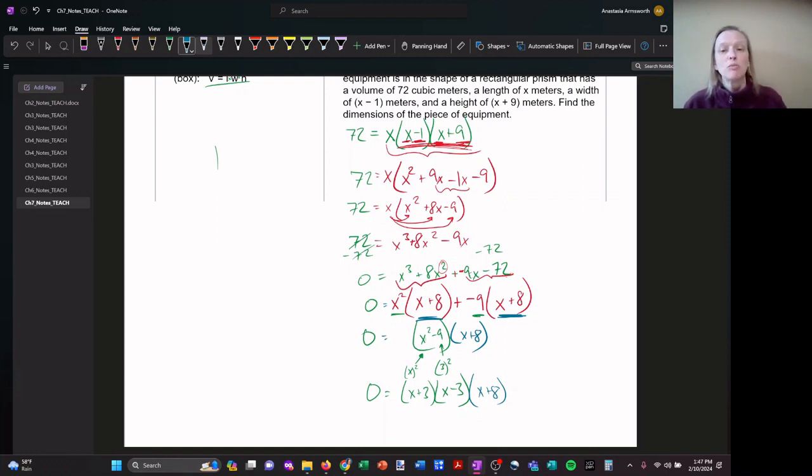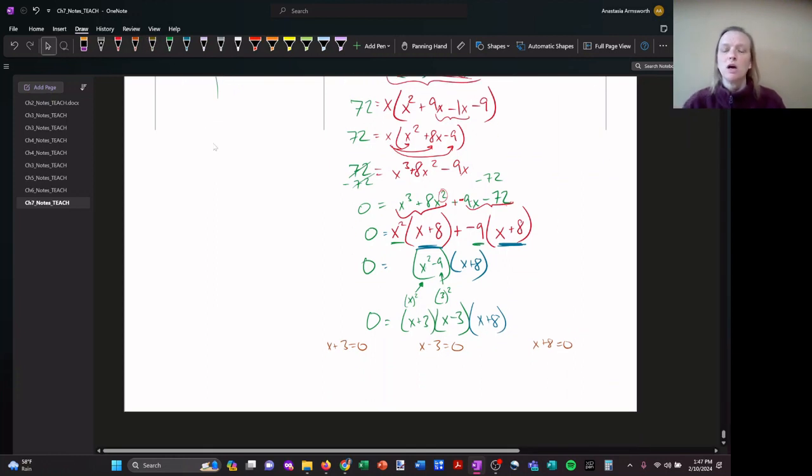And we can use the zero product property to find out what the possible values of x are. So either x plus 3 equals 0, or x minus 3 equals 0, or x plus 8 equals 0.